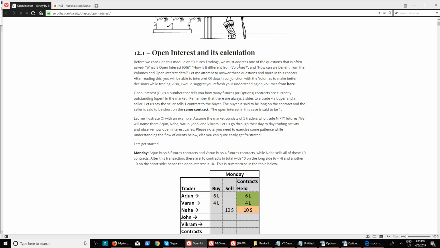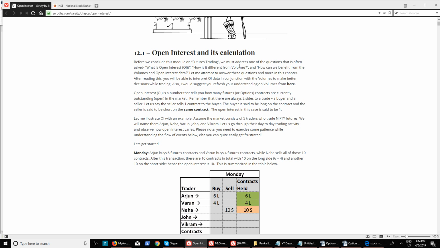So open interest is a particular number that tells you how many contracts, futures or options, are currently open in the market. There are always two sides to a trade: one is a buyer and one is a seller. For example, a seller sells one contract to the buyer, and without a seller, a buyer cannot exist, and a contract doesn't exist.